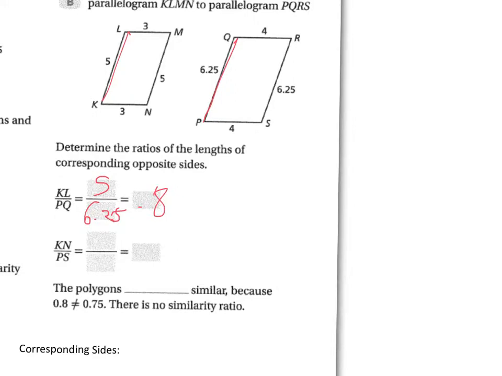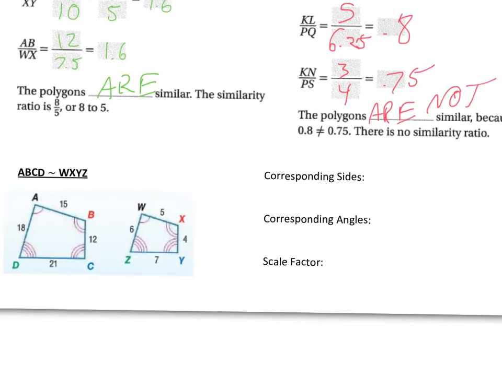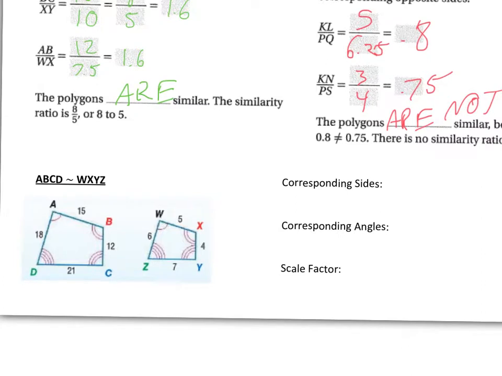Now then we look at KN, which is 3, and PS, which is 4. Well, that decimal is 0.75. These are not similar because those two ratios are not equal to each other. If they're equal to each other, then it would be similar.